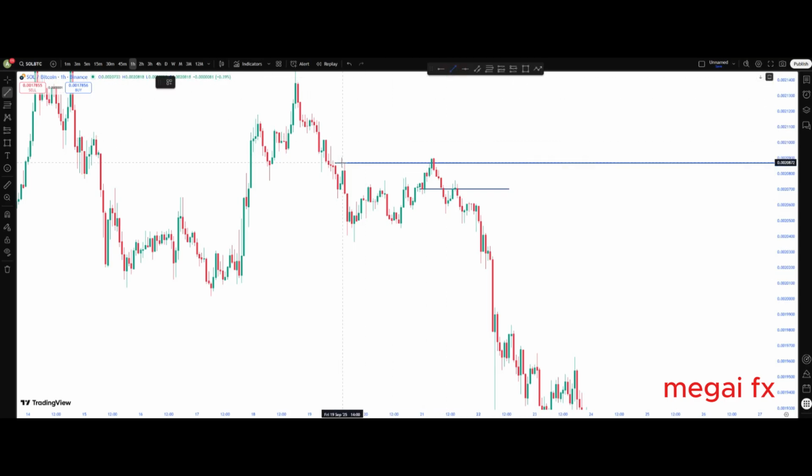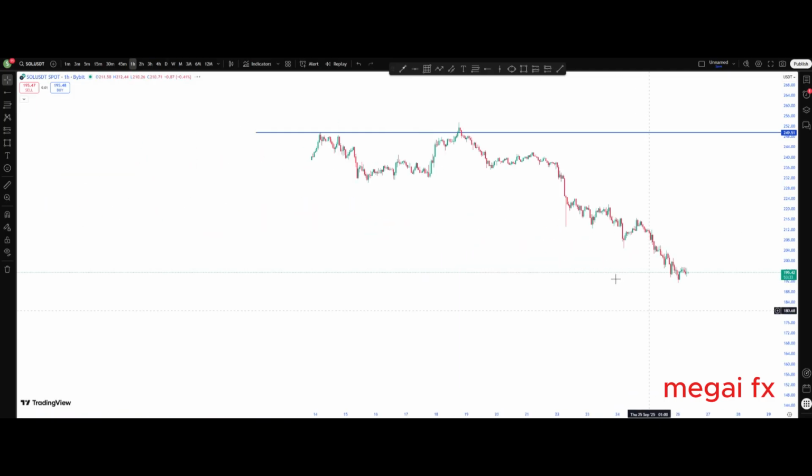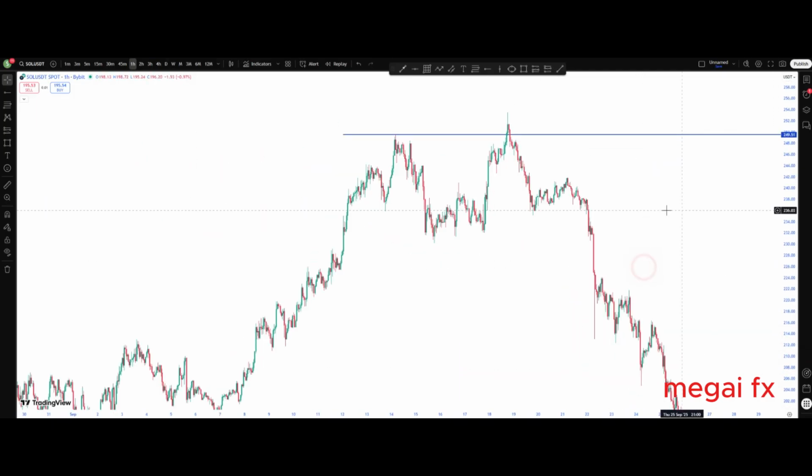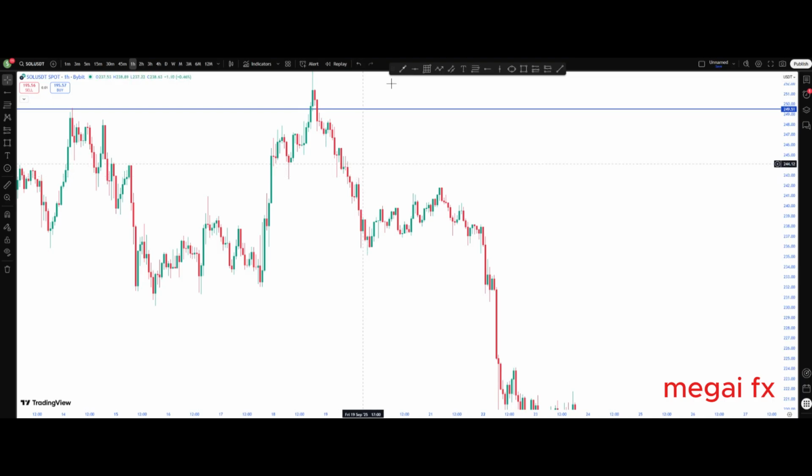How you would have taken advantage of SMT divergence and the change in state of delivery. This one gave us a higher high. Then if you go to Solana USDT, let's check for that particular high. Look at it as well on 1 hour time frame. I want you to see what happened here. Look at it.